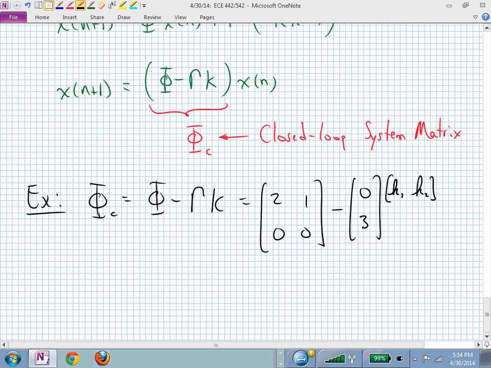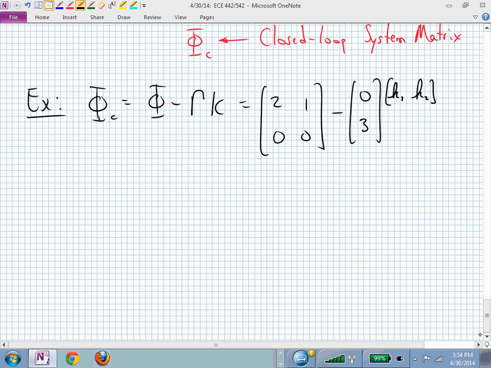Phi sub c now, if you do the multiplication and cleaning up, becomes 2, 1 upstairs, but downstairs it's minus 3k1 and minus 3k sub 2.